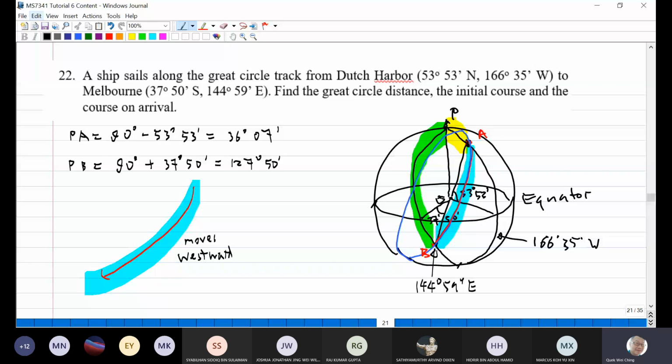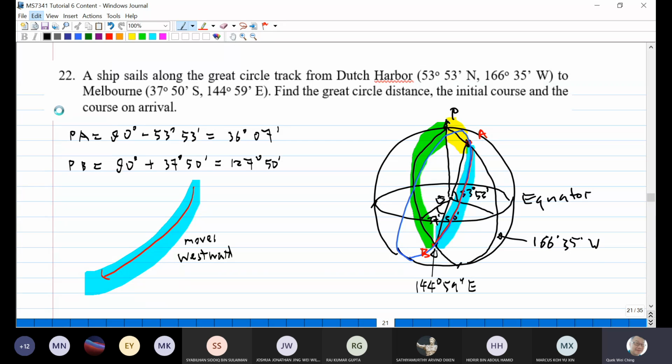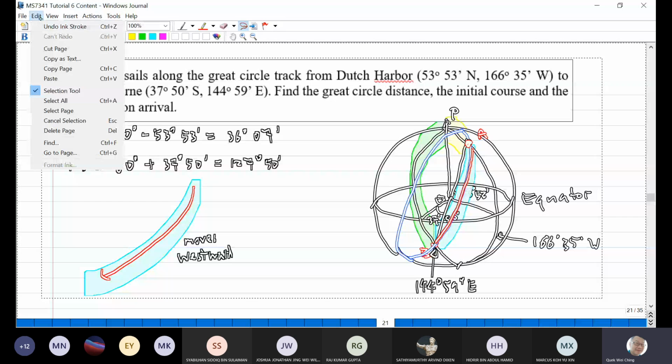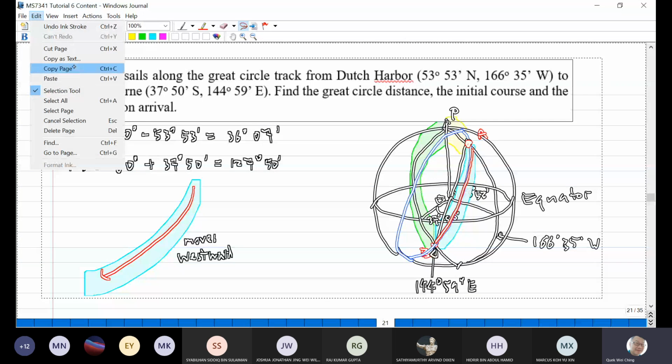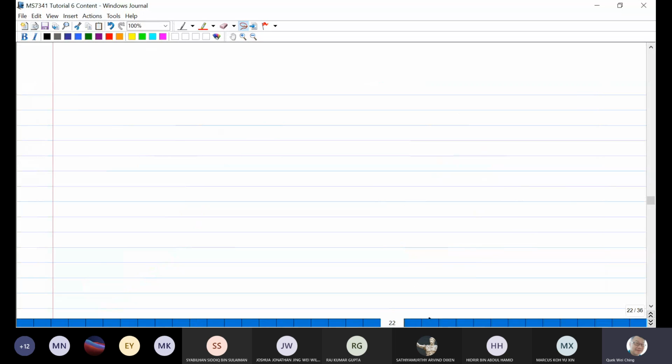Okay, let me copy this one and also this one. I don't need so many. Okay, copy paste. So I'll go to the next page and draw again.